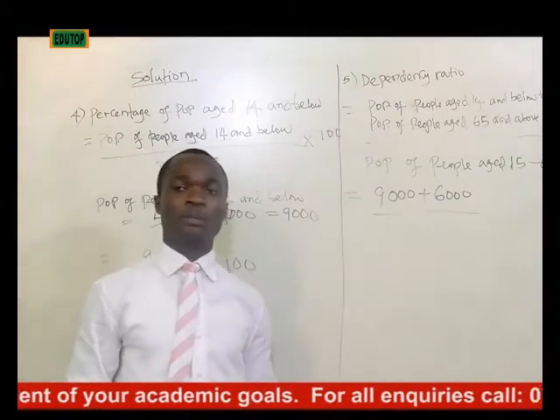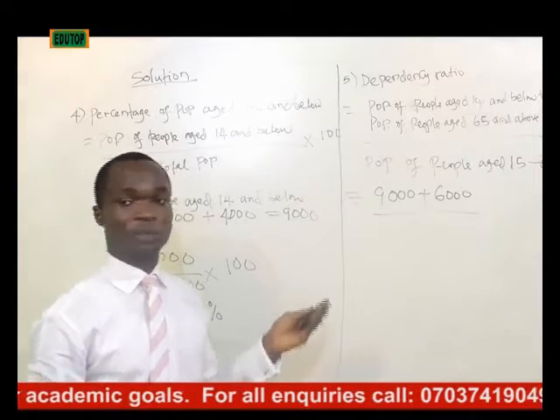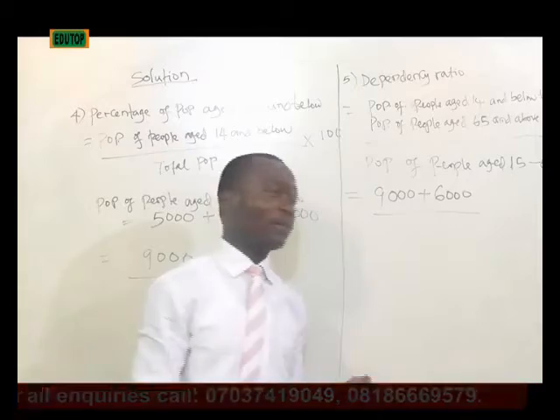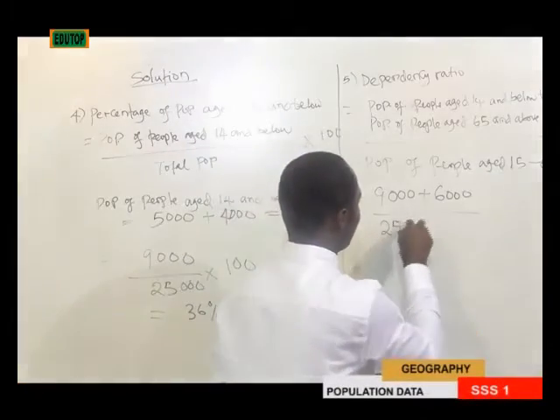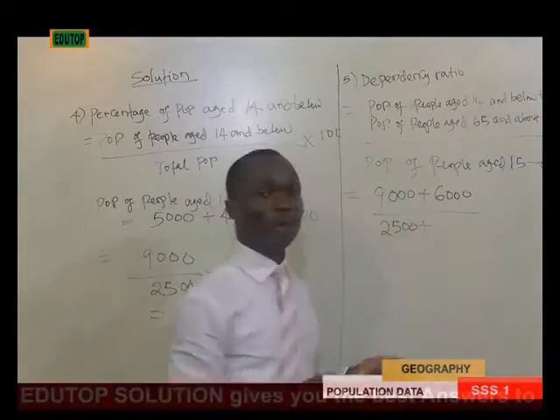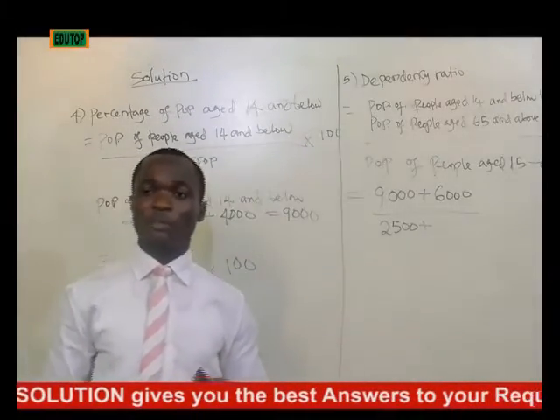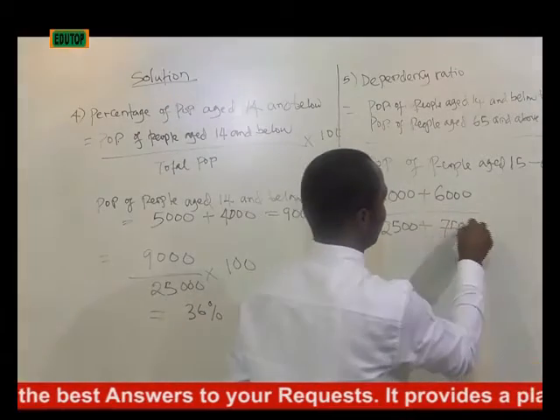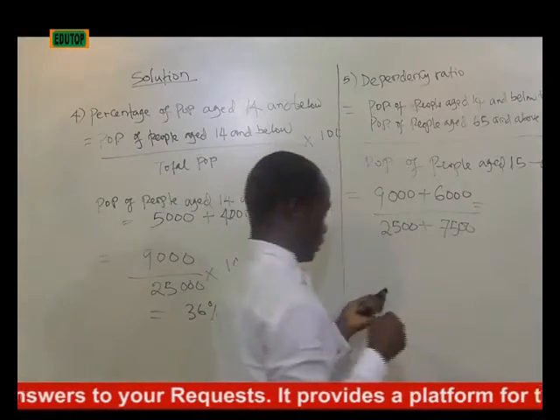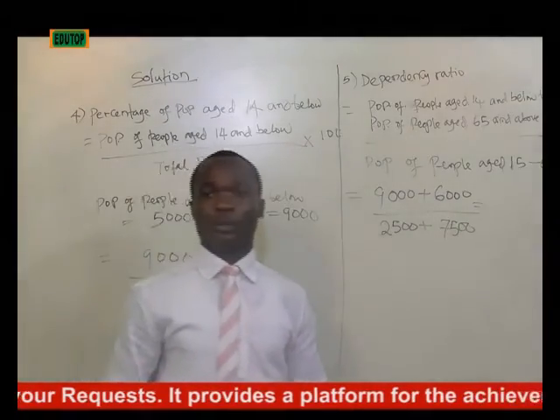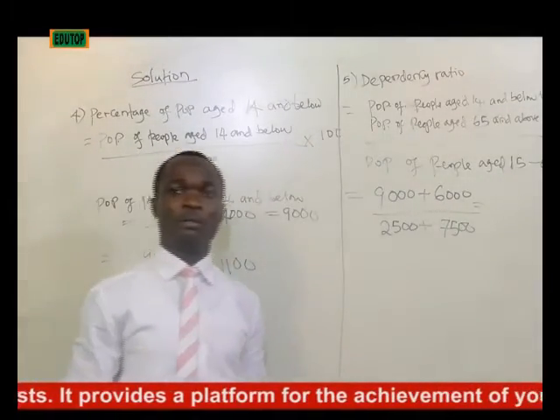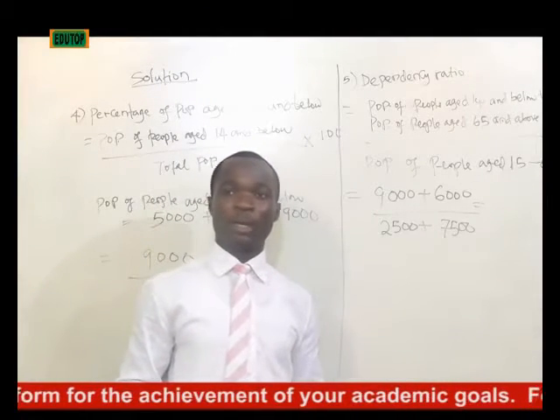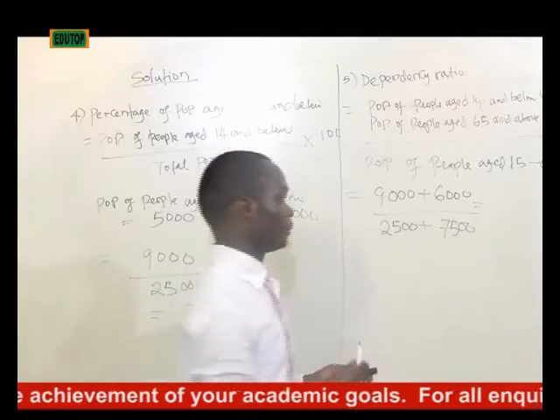From the table given, people who are aged 15 to 35 have a total of 2,500. And people who are aged 36 to 64 have a total of 7,500. So if you add all of them together, you have 15,000 divided by 10,000.